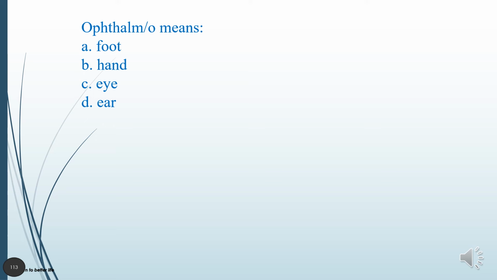D. Ear. The answer is C. Eye. Osteo means A. Fat. B. Child. C. Skin. D. Bone. The answer is D. Bone. Levko means A. Red. B. White. C. Yellow. D. Green. The answer is B. White.